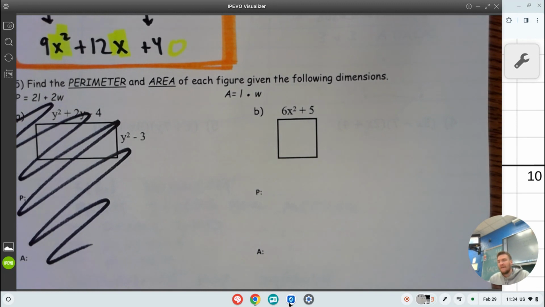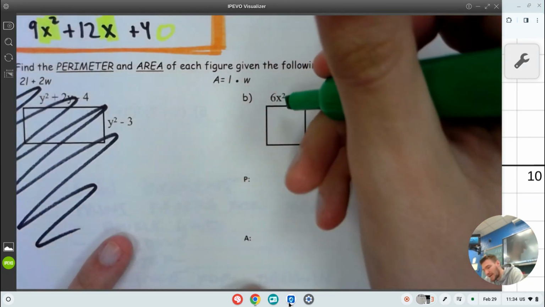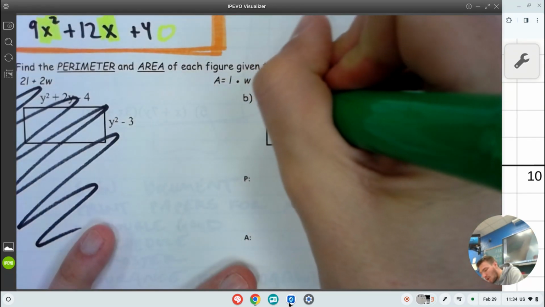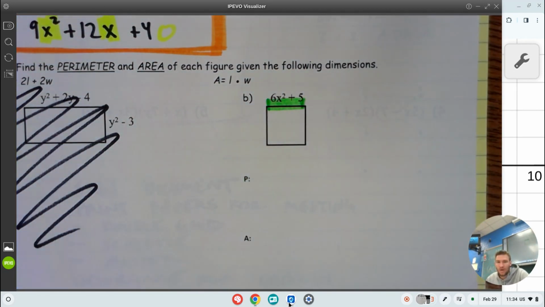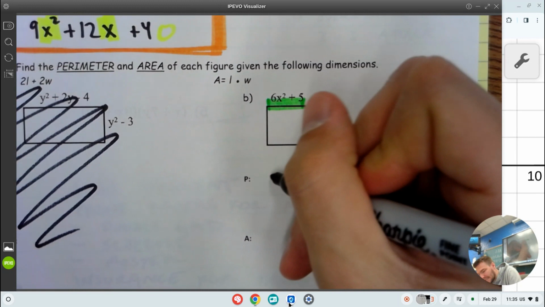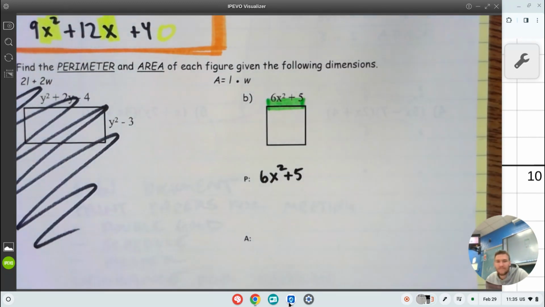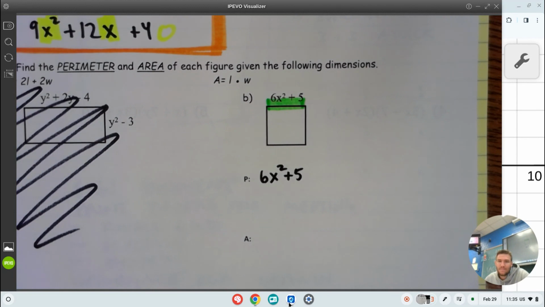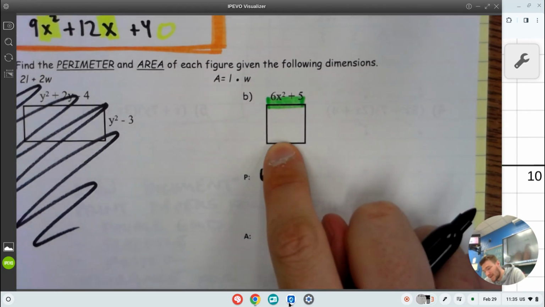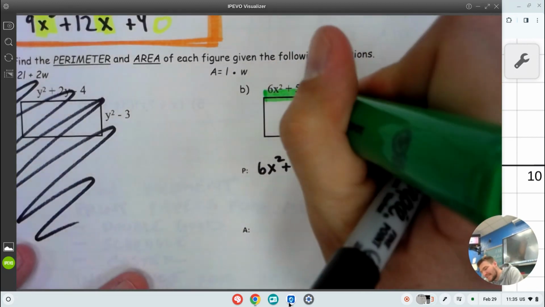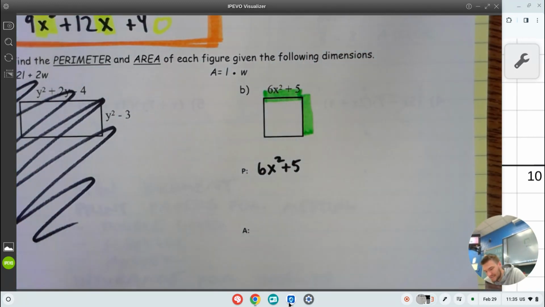So, for this question, if we're going to add up all 4 of these sides, I know that the first one is 6x squared plus 5. And since I know that this is a square, how long is this side? It's the same thing, right? It's a square. All the sides on a square are the same.